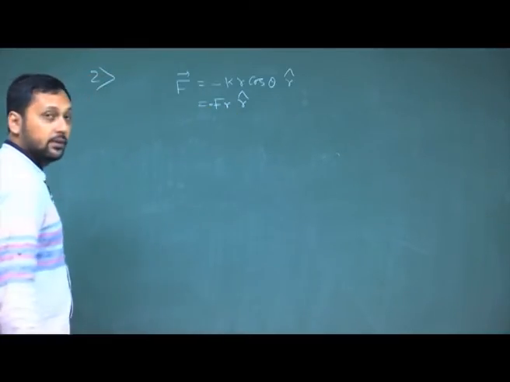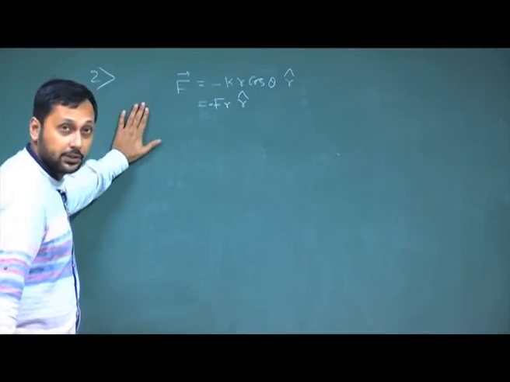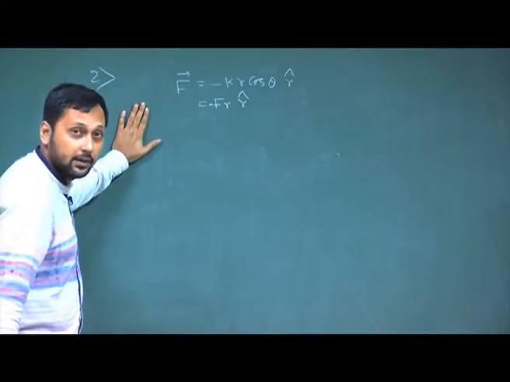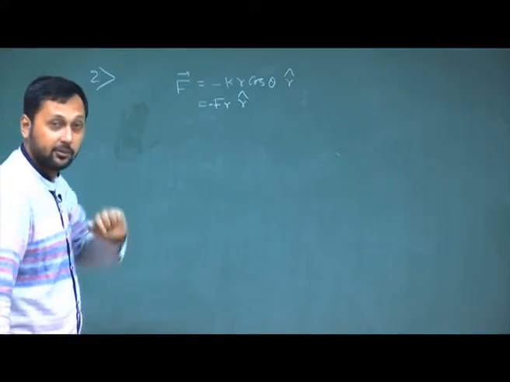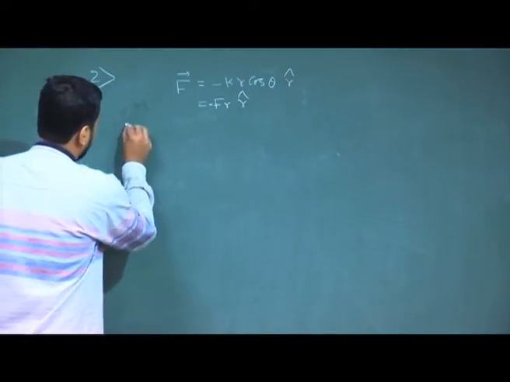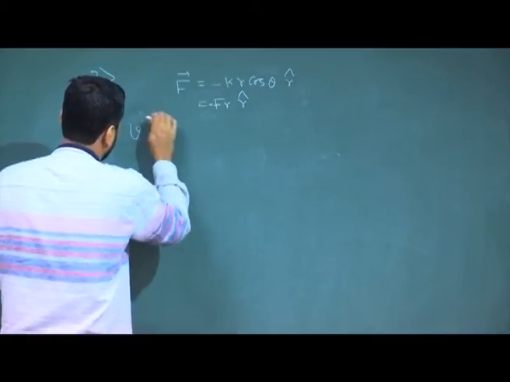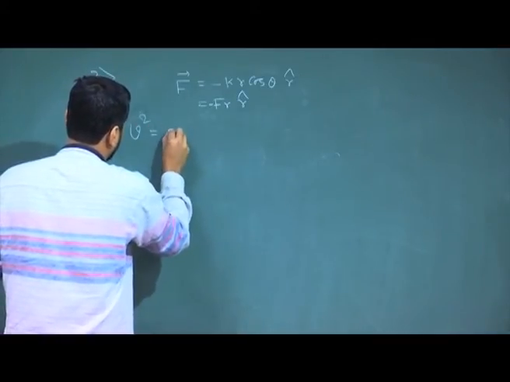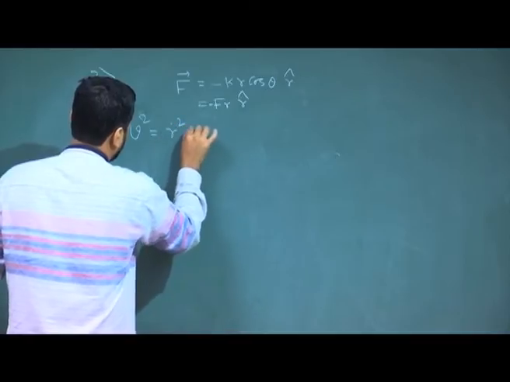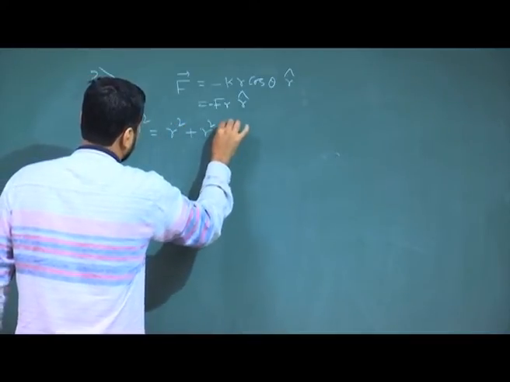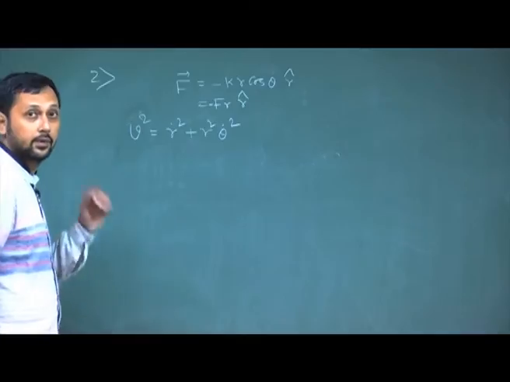Now, it is a 2D motion, which is already specified in the problem, a motion in a plane. So, we can write the magnitude of velocity, v square, to be equal to r dot square plus r square theta dot square, right.